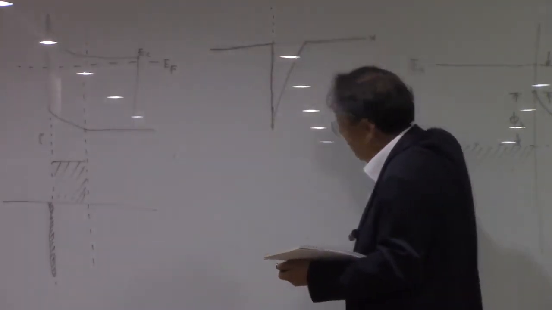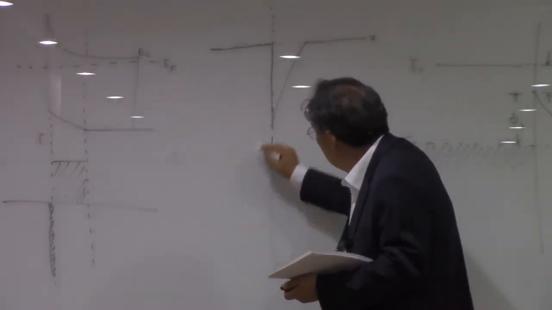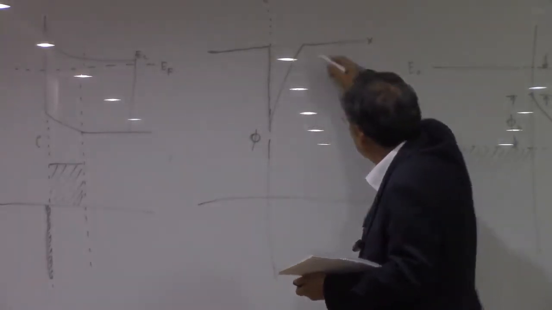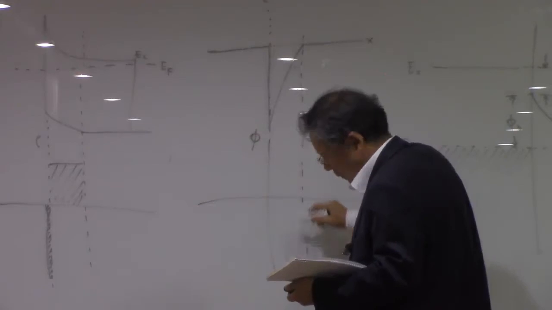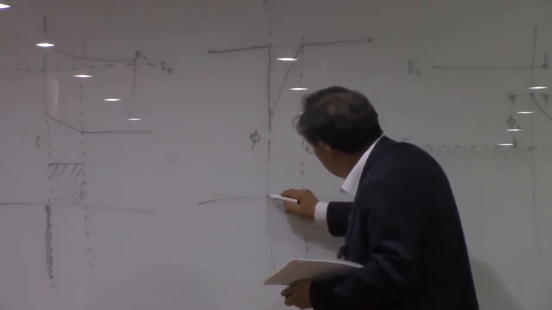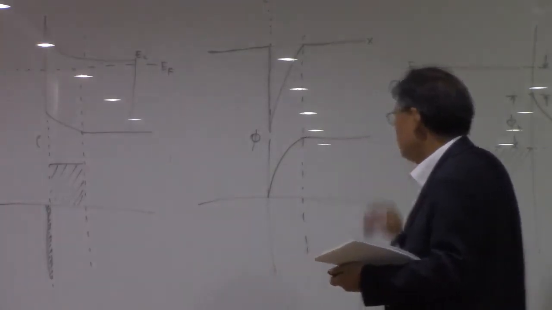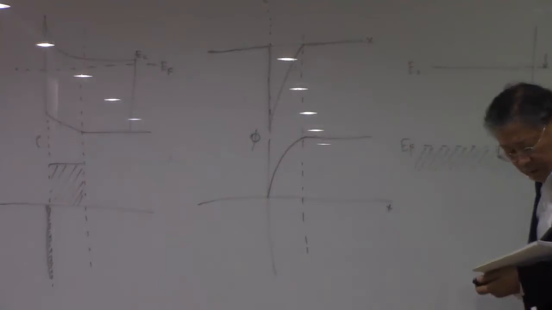That is the x. And we can draw the potential corresponding to this. And most of the potential variation happens in the depletion region of the semiconductors.